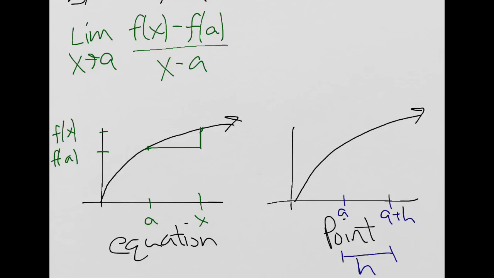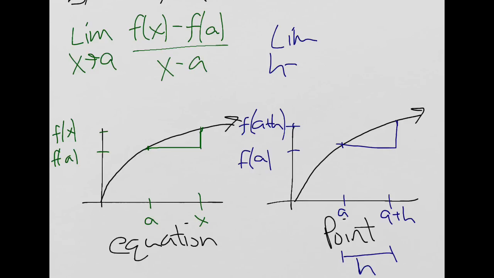And then I do the same thing. I go up to here, I go up to here directly above, I go out to here. This is f of a. And then I go over to here, and this is f of a plus h. Now, the limit definition that I get when I draw this little triangle is the limit as h approaches 0. Remember, I want to make the h shrink down so that a and a plus h become the same thing.